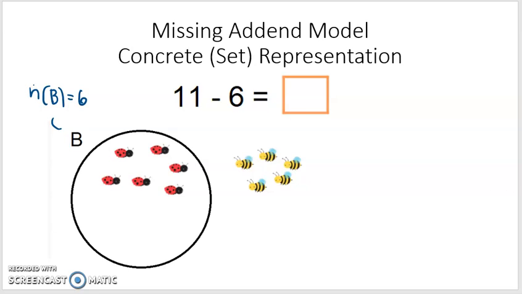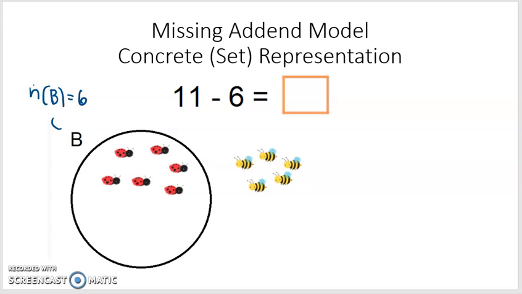And then you say, okay, how many bugs need to join the crowd in order to come up with a total of 11 bugs? Now with young kids, you just start counting up. You'll say, I've got 6, 7, 8, 9, 10, 11, counting on your fingers even. How many bugs do you need to add?